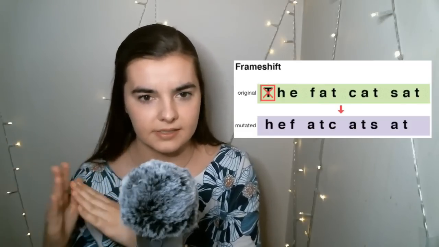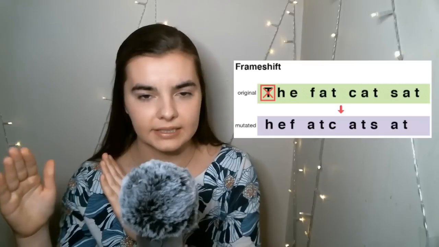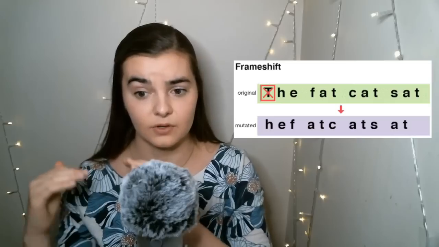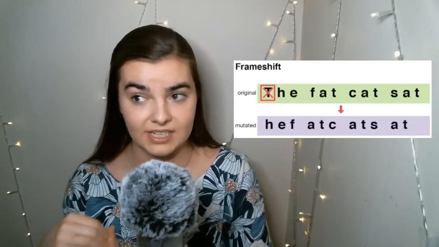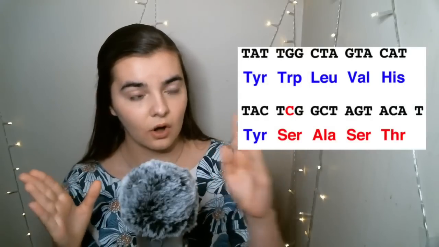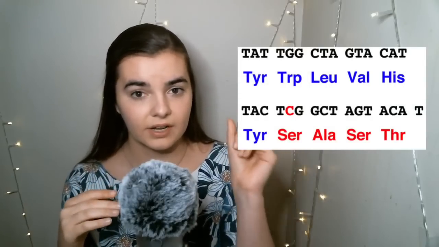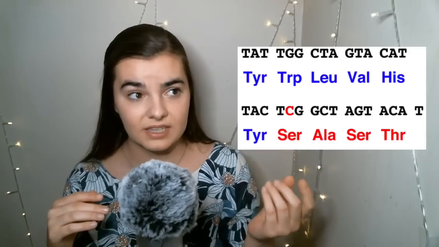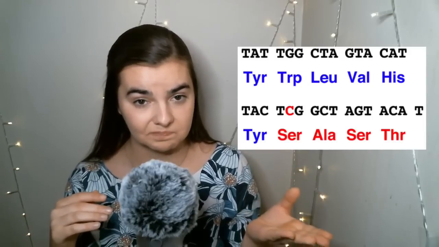Every word is now different. Every ingredient is now different. And so you are going to have a vastly different protein, a vastly different recipe, because all of that is going to be shifted over, and every codon thereafter is going to be different than what it was supposed to be.